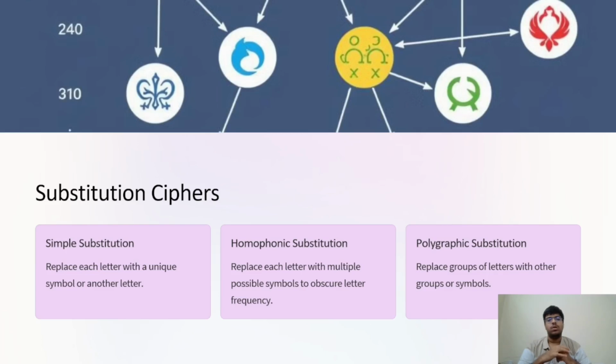Next is the homophonic substitution, where we replace each letter with multiple possible symbols to obscure the letter frequency. Next is the polygraphic substitution, where we replace a group of letters with other groups or symbols.